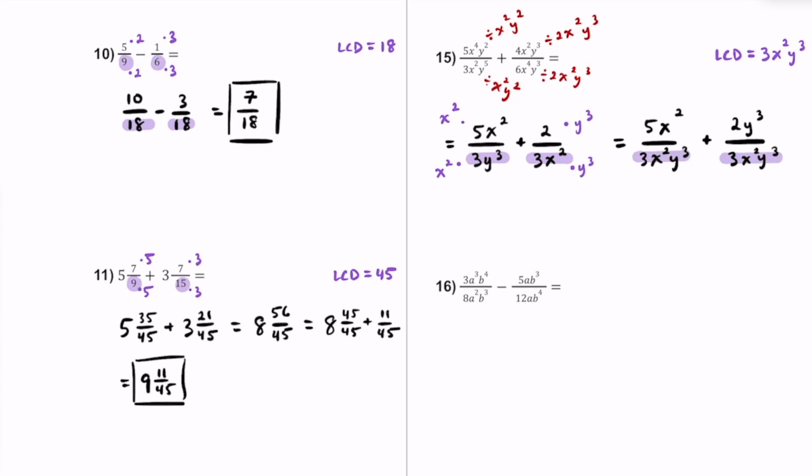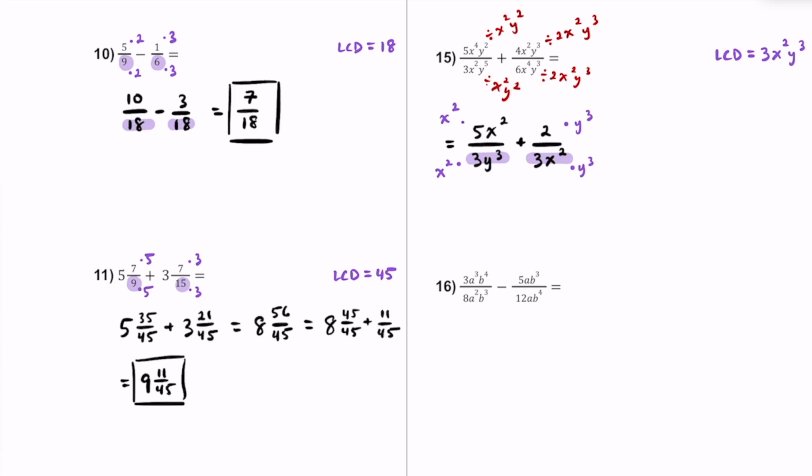And since they have the same denominator, we can add these two together or write it as one fraction. So we can just write 5x to the second power plus 2y to the third power, all over 3x squared y cubed, also known as the least common denominator between these two expressions once we had simplified them from the beginning.